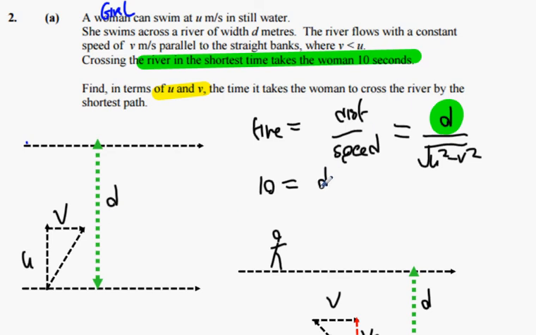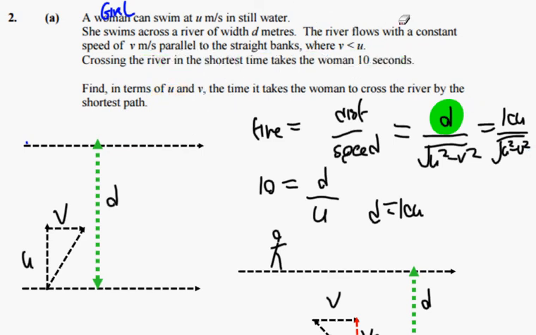Your distance is still d, but your speed going straight up is u. Therefore d equals 10u. Then you replace that d with 10u, so you get 10u over the square root of u squared minus v squared. So the key part of this question is that the word shortest time is one part of the question, and then shortest path requires a completely different setup.